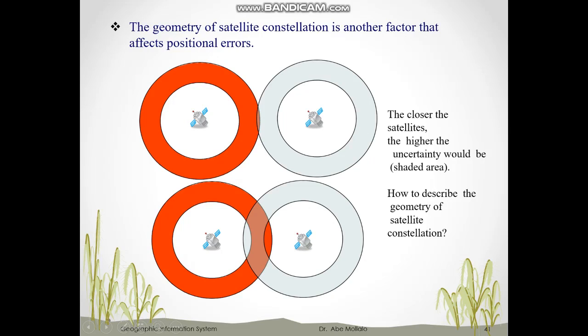While when two satellites are close to each other, like this one and this one, we can see that the intersection between these two is a ring, which is a larger area. So when satellites are closer to each other, you will have higher uncertainty in measurements than with two satellites that are at a decent distance from each other. So it is important how far or close satellites are from each other in space.